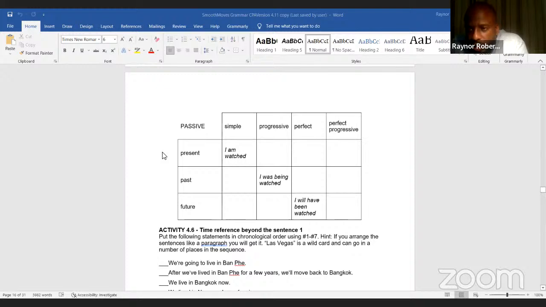Maybe you're in an interview, and it works. But you're right. Are we using the perfect progressive a lot in the language? No, because most of the time in the past in our speech we're using the simple and the progressive.